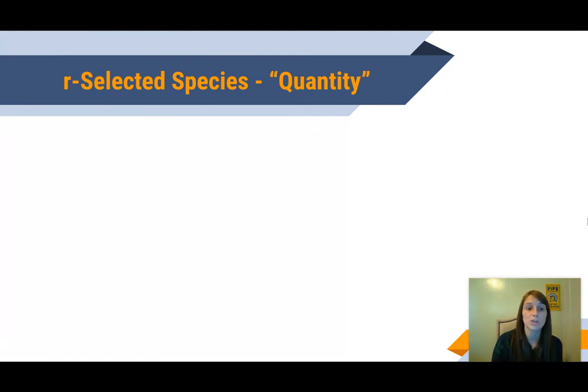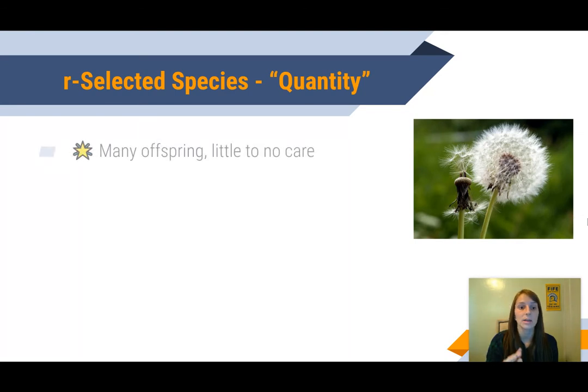Now we're going to compare to R-selected species, which take the reproductive strategy of quantity instead of quality. That is because they have many offspring. They just do not care for them much. What I mean by care is protecting them, watching over them, feeding them, all of that.